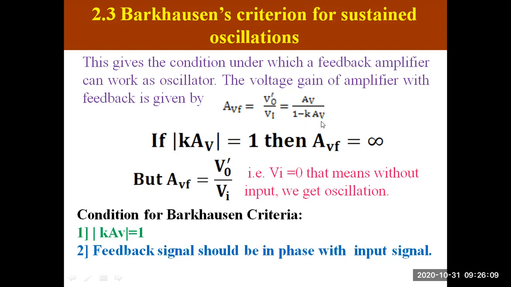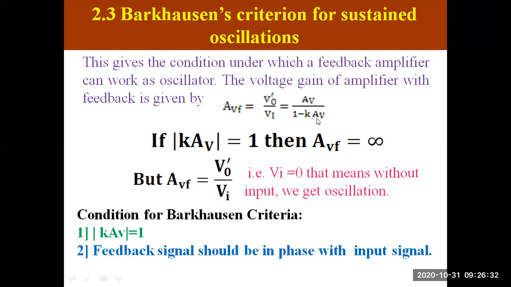When K into AV is equal to 1, then what happened? The voltage gain of an amplifier with feedback, हे equation काय मिळते आपल्याला? AVF is equal to AV divided by 1 minus KV. KV जर 1 ठेवलं तर AV divided by 1 minus 1 आपल्याला काय मिळेल?